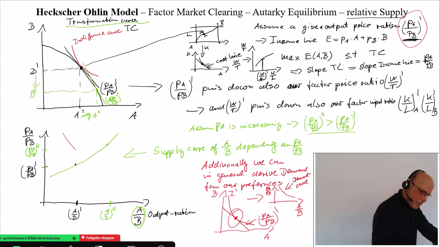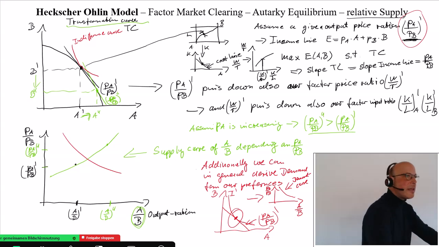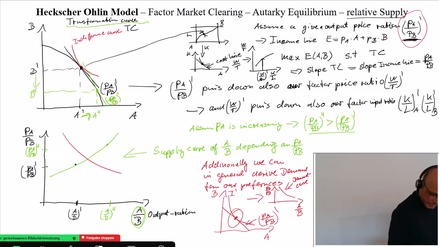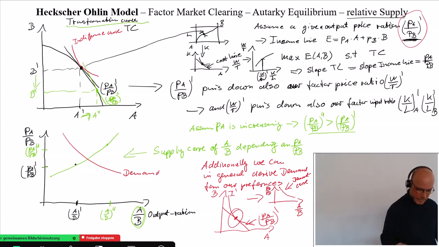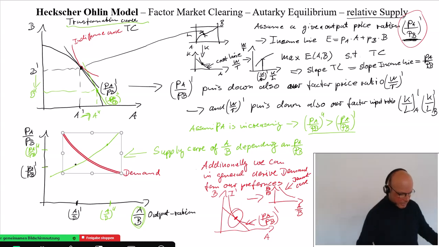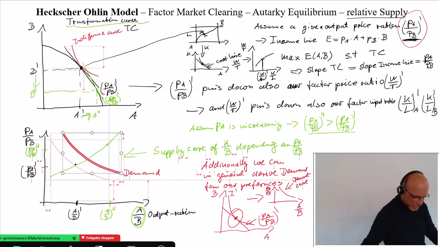So in general, we can then introduce this demand curve also here. This is demand. Oh, since I have here already A over B prime, I think this now I can do here. Then it should cut, of course, in this point.